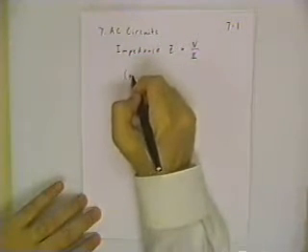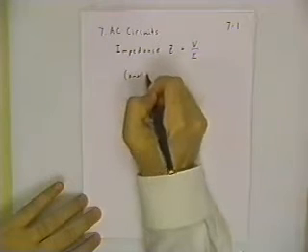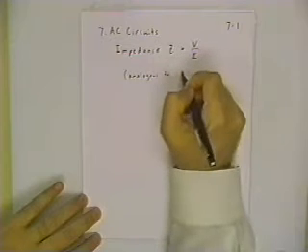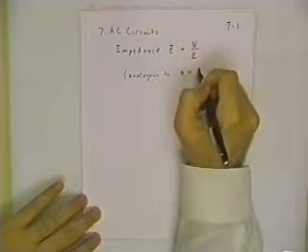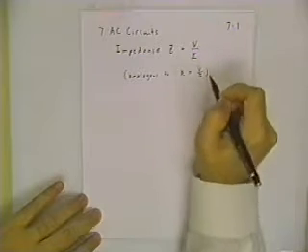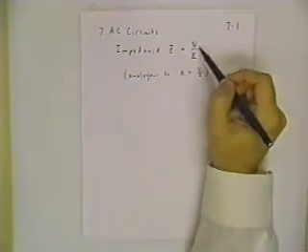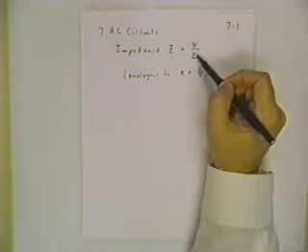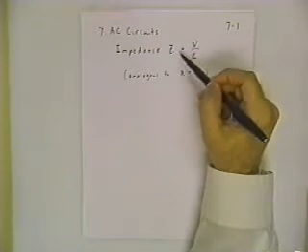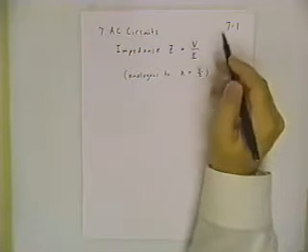And this is strictly analogous to resistance is equal to V over I. The only thing is, for an AC circuit problem, we have to go over to the phasor notation. Both of these are going to be potentially complex numbers, and therefore impedance is a complex number.